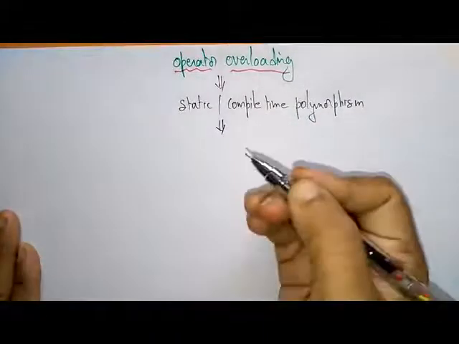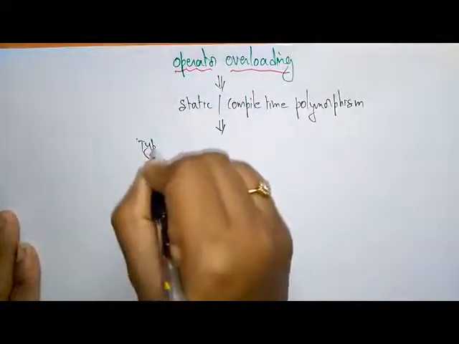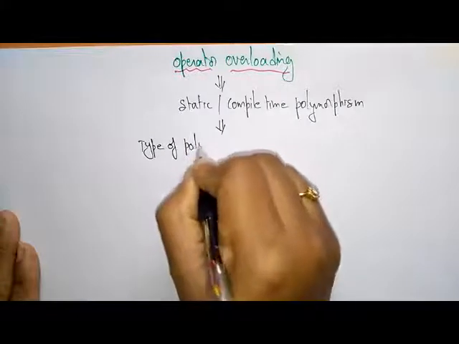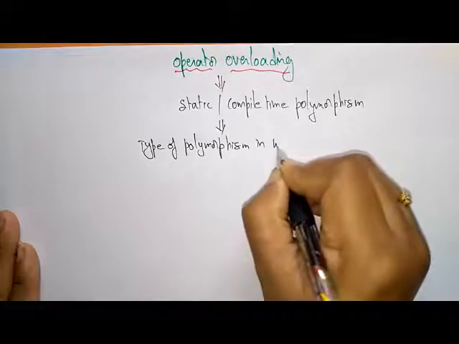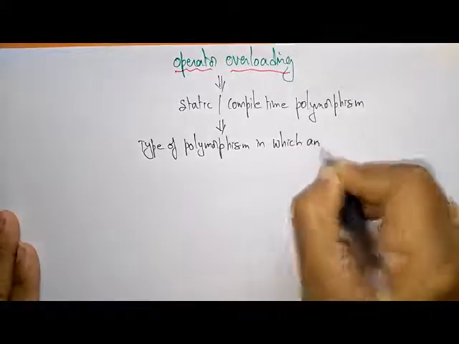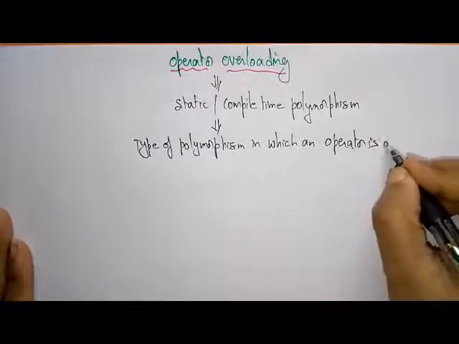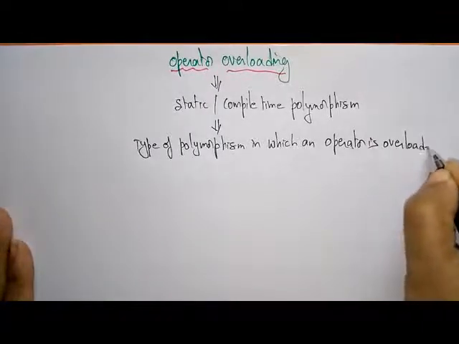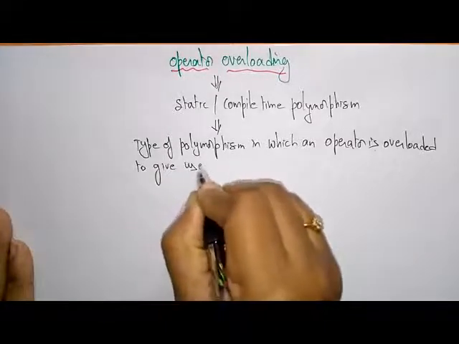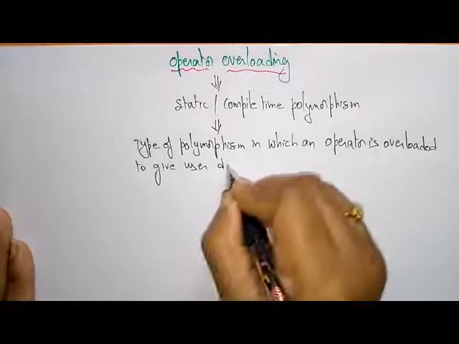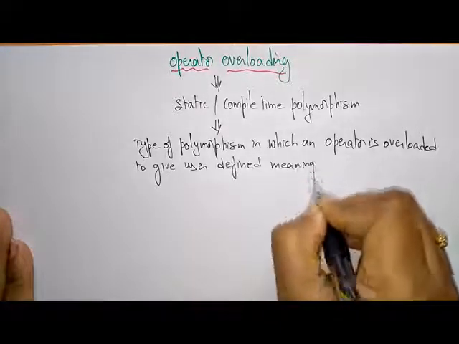Operator overloading, the name itself is indicating it is a type of polymorphism in which an operator is overloaded to give user defined meaning to it.